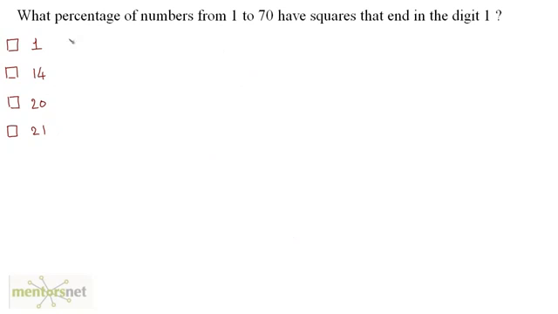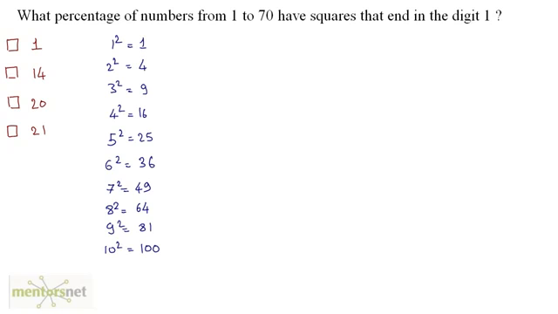Let us jump to the last question now. What percentage of numbers from 1 to 70 have squares that end in the digit 1? Well, let us list the numbers from 1 to 10 and their squares. So these are the numbers from 1 to 10 and their squares.